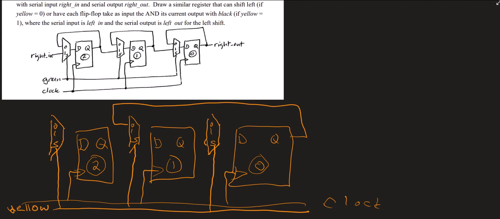Now, I forgot to connect my multiplexers to my flip-flops, so I'll do that right there. What that is saying is if this signal yellow is 0, then it's going to feed the value that's coming into the 0 port, and the value coming into the 0 port is this flip-flop right here on the right.